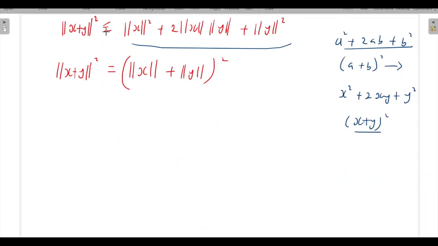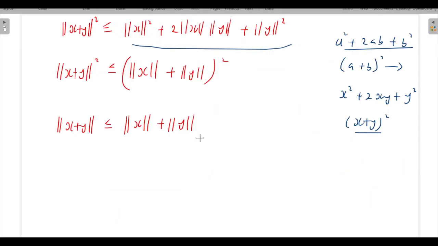So this should be less than or equal to, and this also should be less than or equal to. Sorry for that. Now, when you take the square root of both sides, the squares will go away. And you'll be left with the norm of x plus y less than or equal to the norm of x plus the norm of y. And the triangular inequality has just been proved.